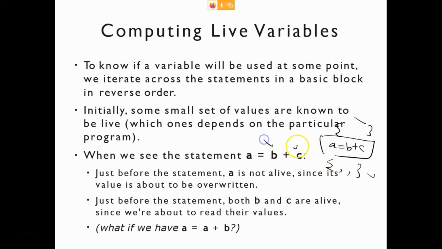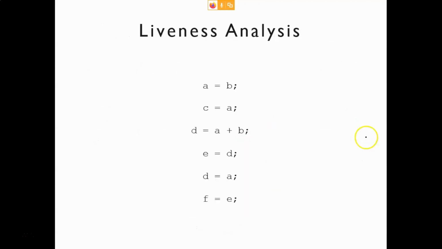Of course B and C will be live because we are using them, so you will include B and C. And you will remove A because to this A we are assigning. You will remove this A because now A is being redefined.